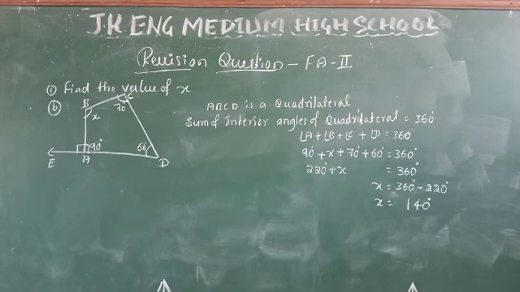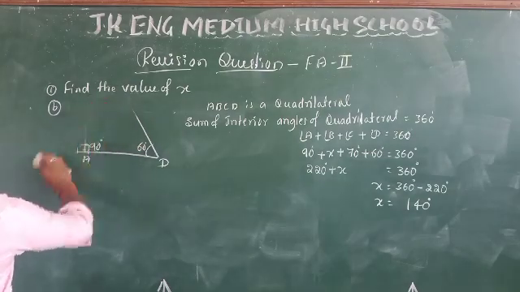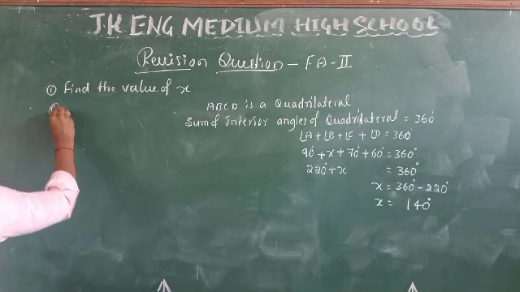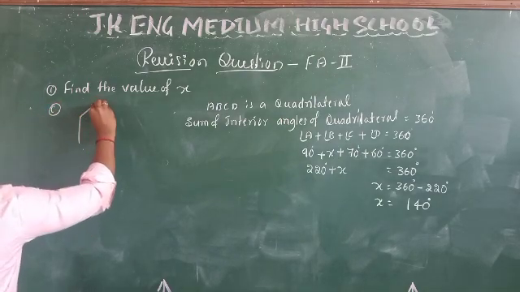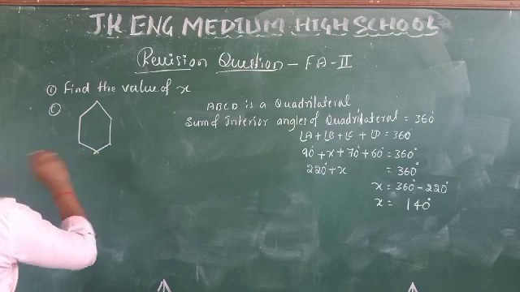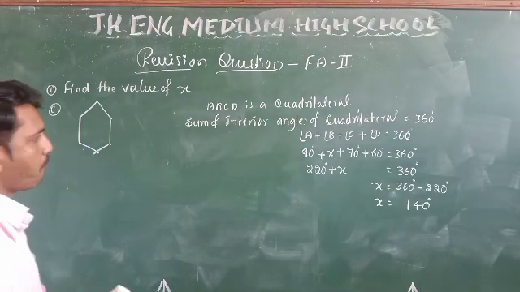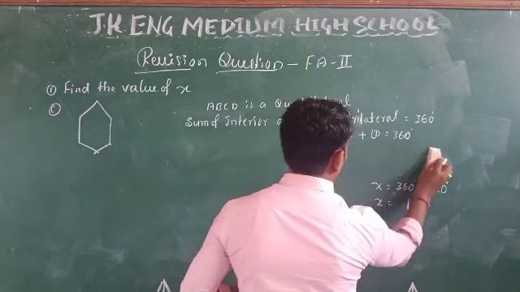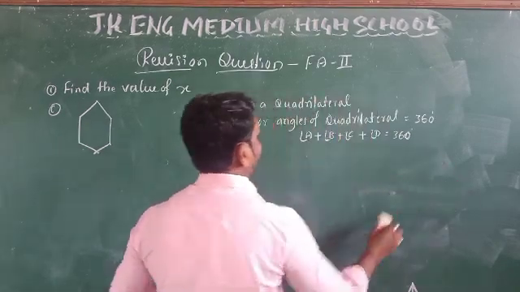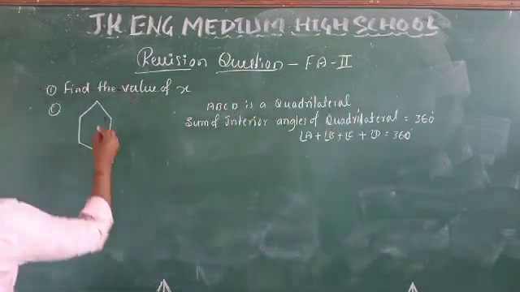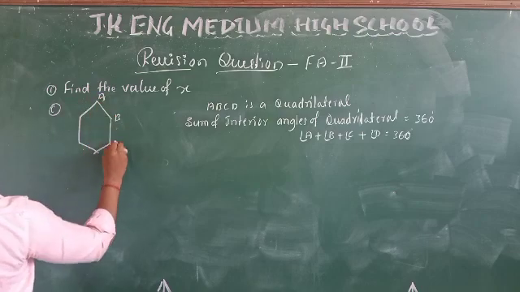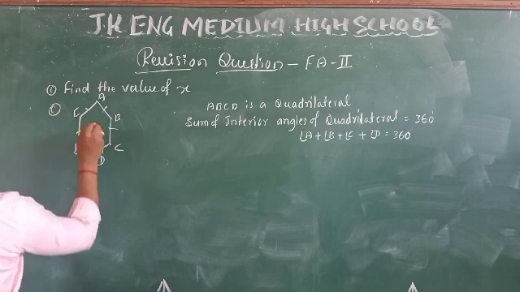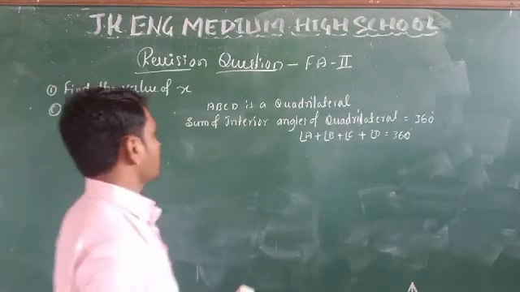Okay, one more diagram. See, okay, A, B, C, D, E, F. Total how many sides are there? 6 sides are there.